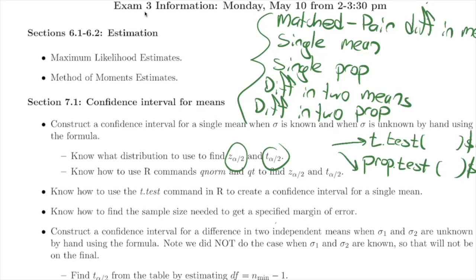R doesn't do that one for you. The Agresti-Coull you would also need to do yourself. R doesn't do that. You might recall that there was a Wilson score confidence interval, which was that real gnarly looking formula. That I'm not going to ask you about. Just know that the prop test gives you that score confidence interval.